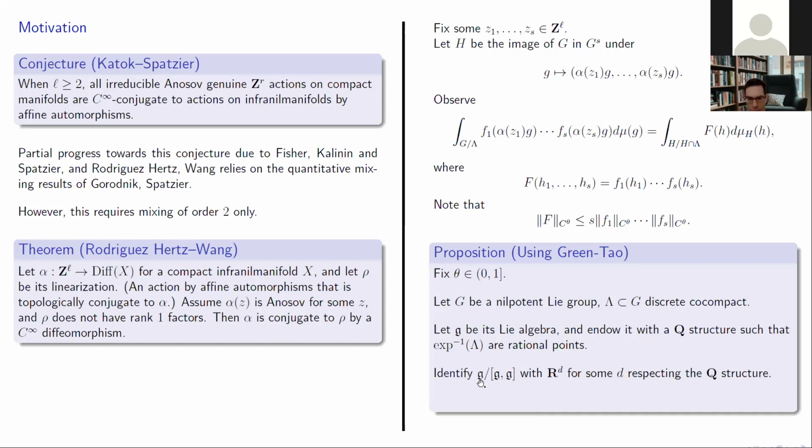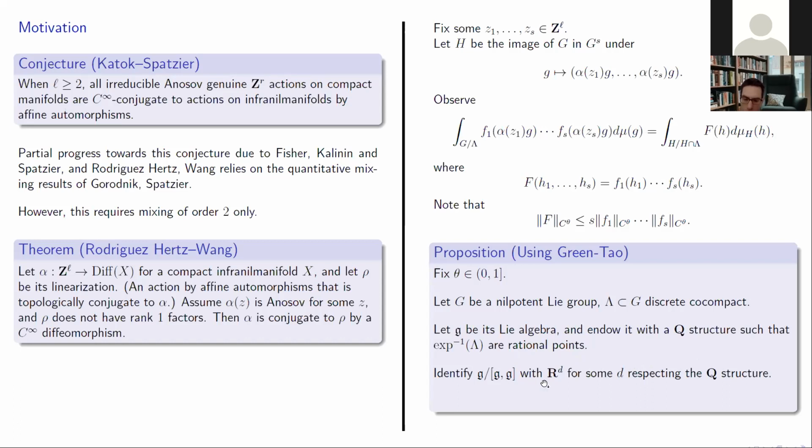And then I look at the abelianization of this Lie algebra, and that will be some vector space over R, so I can identify it with R to the D. And I want to do this in such a way that it respects the Q structure. So if you are thinking about the torus case, then you can basically ignore this because the commutator will be trivial.